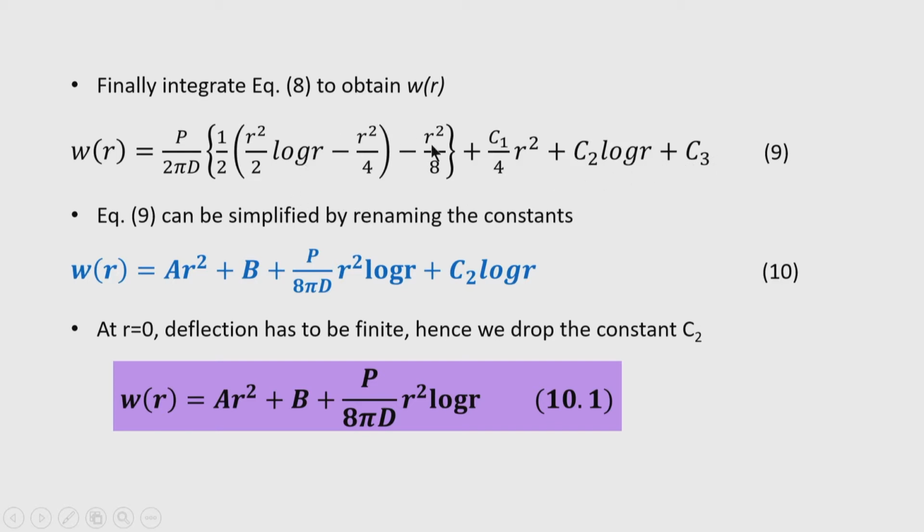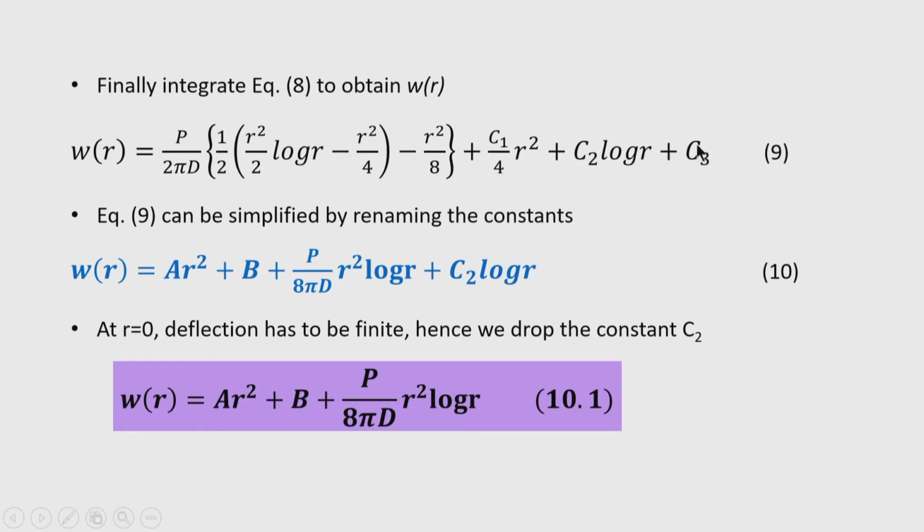So, the constants are arranged or clubbed together, and we can write that w(r) equals A r square, that is the r square term. We have isolated all r square terms, and this constant is named as A. So, A r square.